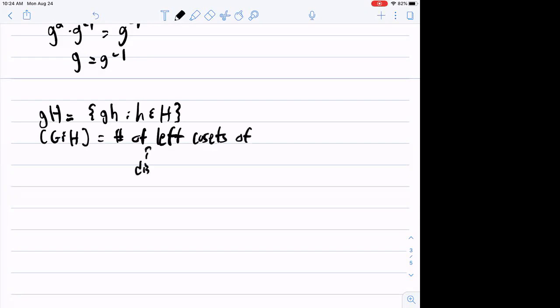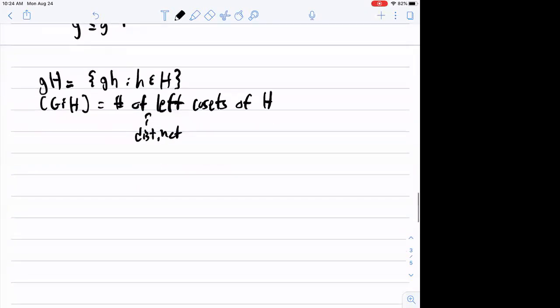And recall two cosets G1H and G2H are equal if and only if, there are many equivalent definitions, so you have to look it up in your book, but if and only if G1 inverse times G2 is in H.